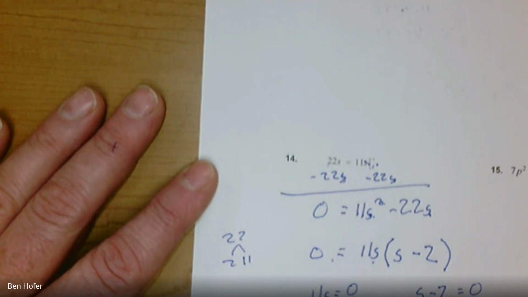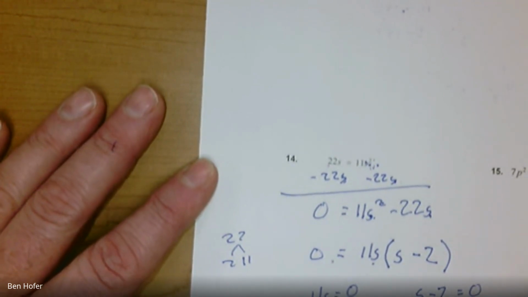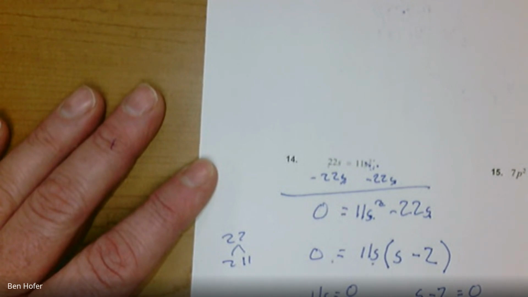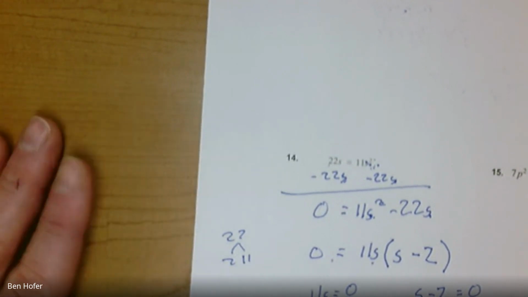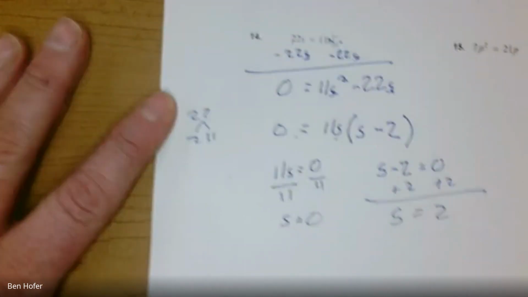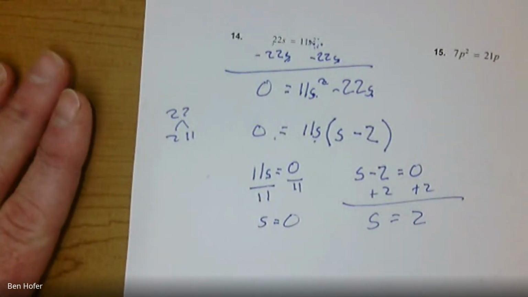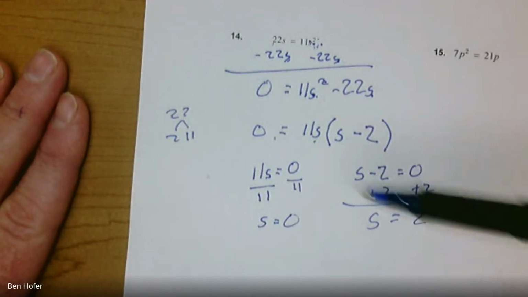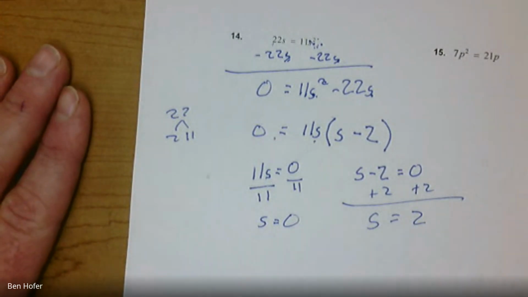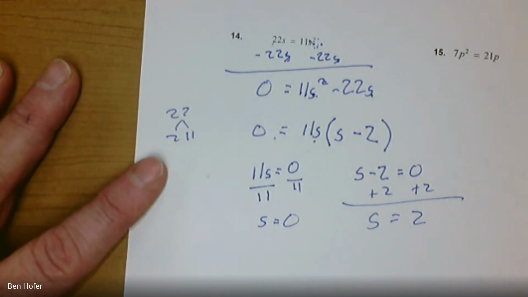Here I'm going to divide out the 11, and on this side I'm going to move the negative 2. Opposite operation. Instead of minus 2, I do plus 2. So those are my two solutions there. Sorry for not moving the video. S equals 0 or S equals 2.